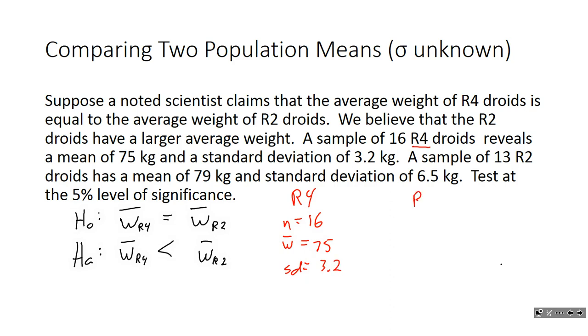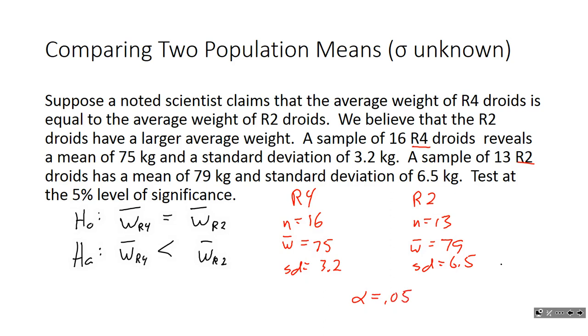For the R2s, we have fewer of them. We have 13. The average weight is equal to 79, and the standard deviation, we could just use s also, is 6.5. We want to test at the 5% level of significance, so this means that alpha equals 0.05.